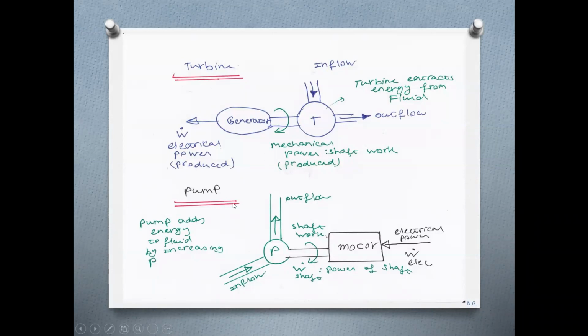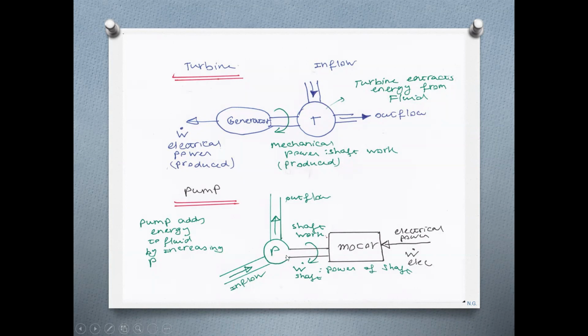For a pump, however, there is a motor that uses electrical power as the input, and the motor converts that electrical power to shaft work or shaft power. There is fluid inflow and outflow, an inlet and an outlet.